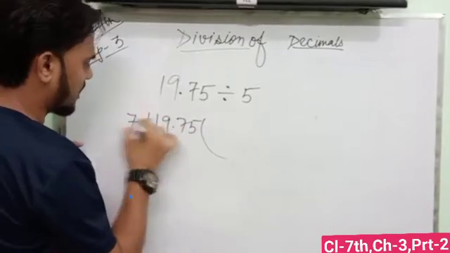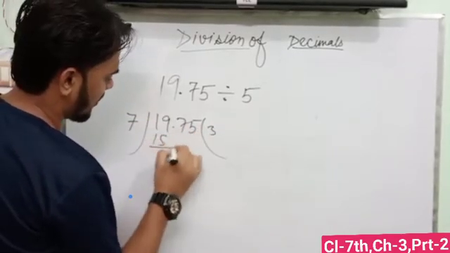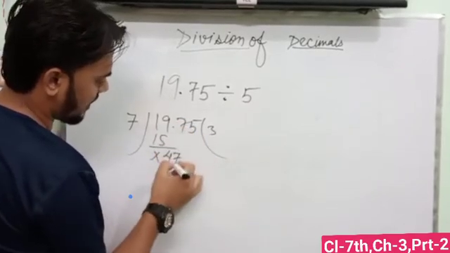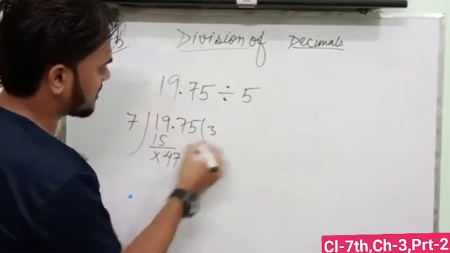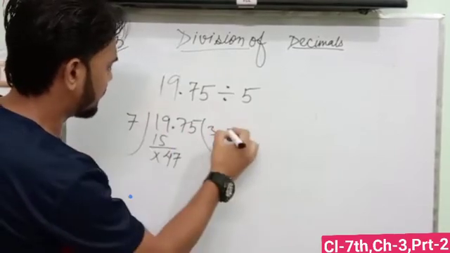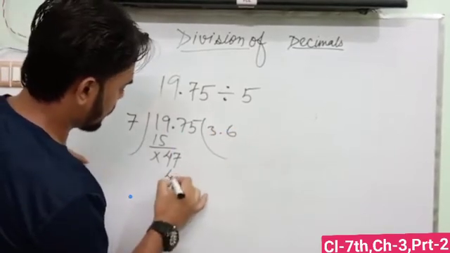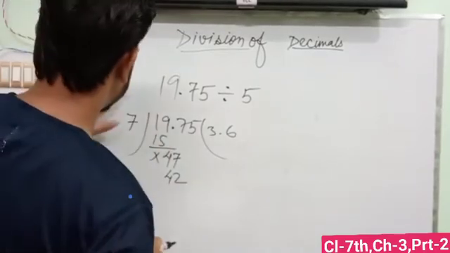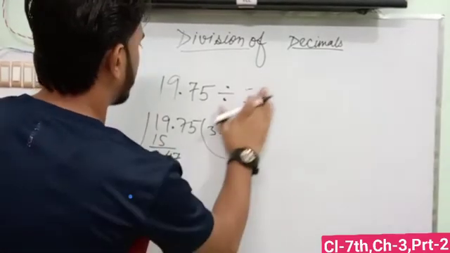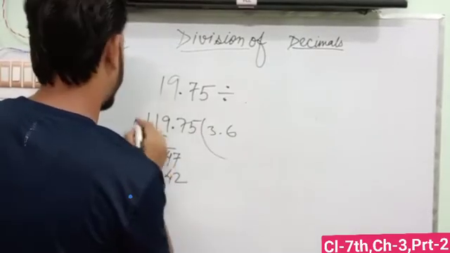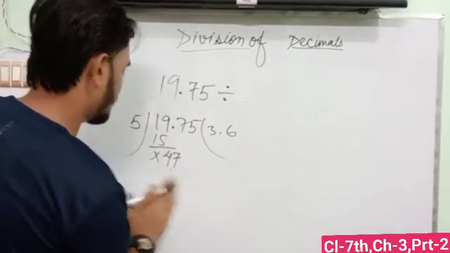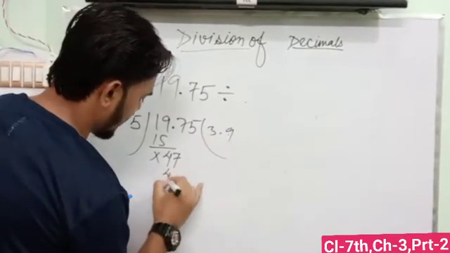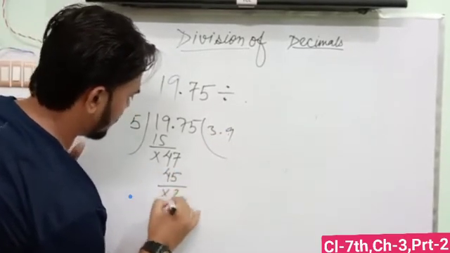Same here. 5 3s are 15. 4. Now before the next digit you have a decimal, so put the decimal here. 5 9s are 45. 2.